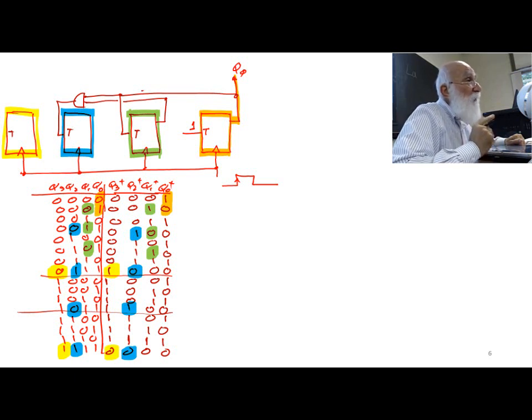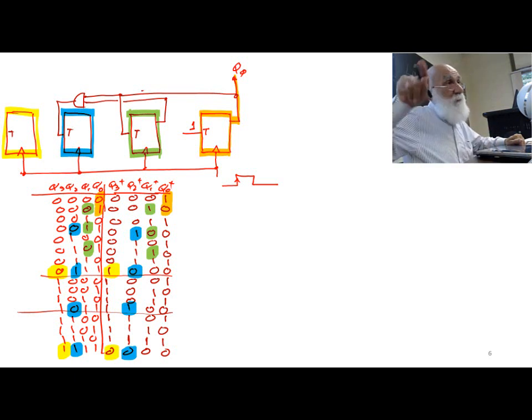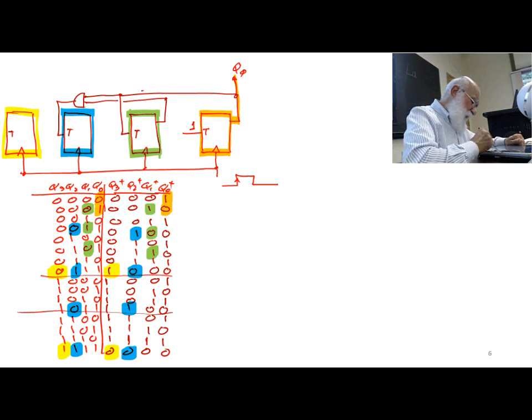What it means is that it toggles only when all 3 bits to its right are 1. Okay, so how do I build this?